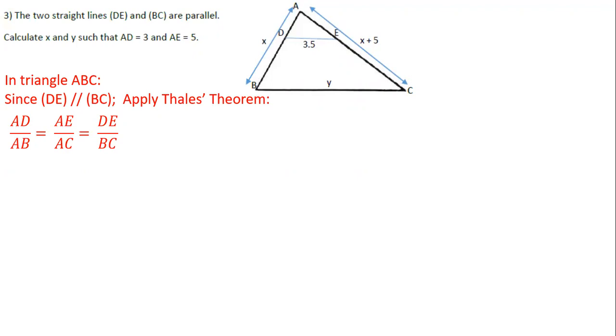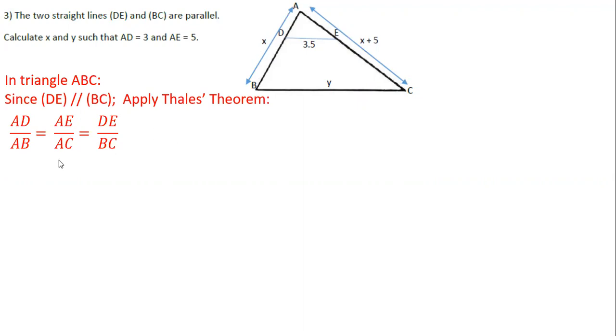Yes, it is 5. Do we have the measure of AC in the question? Look at the figure, it's X plus 5. So we have it as X plus 5, even if it has an unknown in it, right?